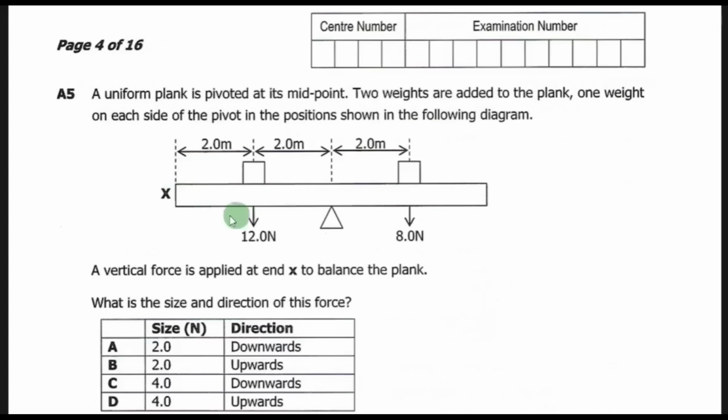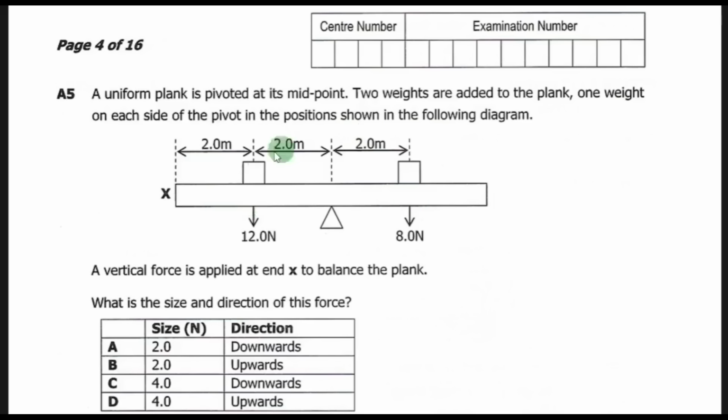Now for us to know this force, since this question is coming from moments, we must use the principle of moments, which says for an object to remain in equilibrium, the clockwise moment and the anticlockwise moment must be equal.